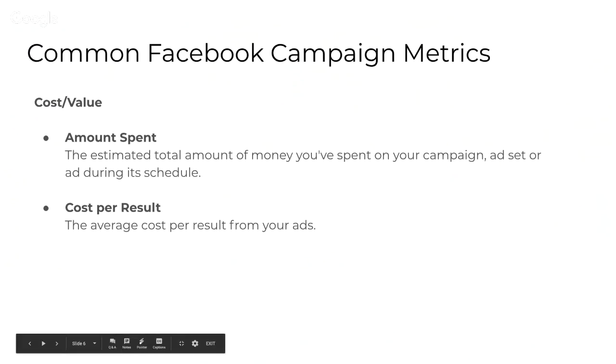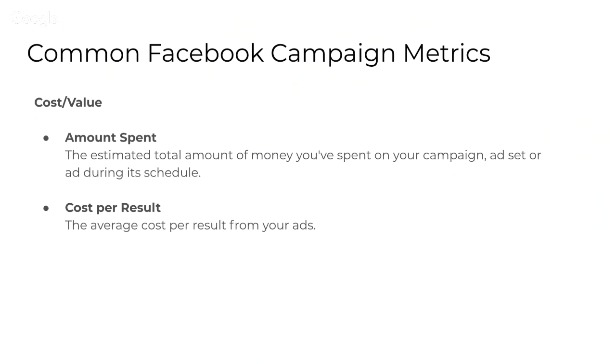The cost per result metric is great as it controls costs. You're really focusing on how much a conversion costs you, but at the same time, it doesn't take into account the volume of clicks or the conversion rate. And so you're kind of balancing it.